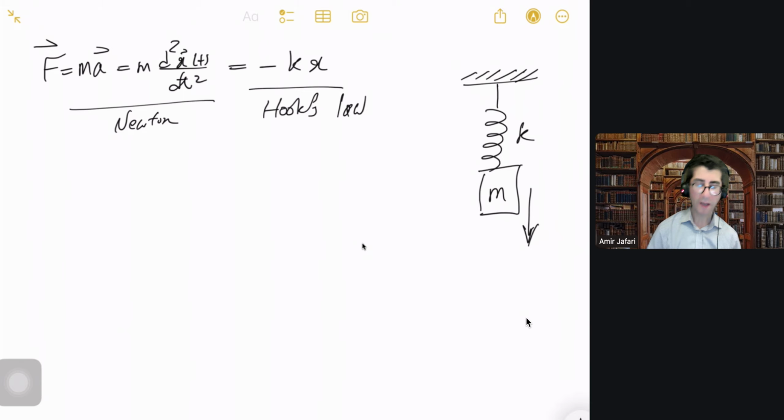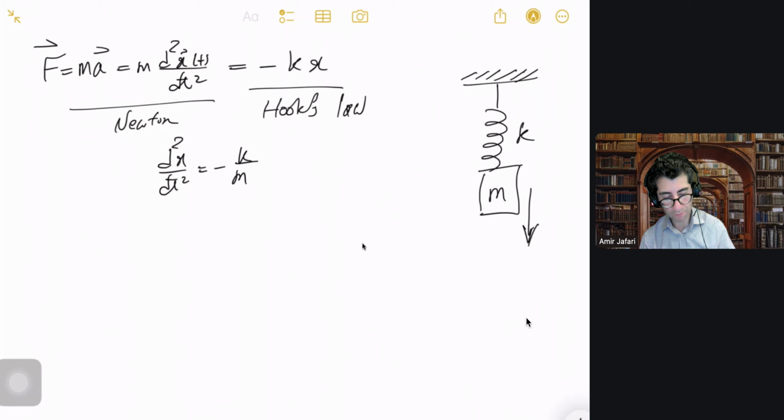Anyway, the Newton and Hooke combination gives us a differential equation, right? This is the differential equation you get combining these laws. And of course, mathematically, a differential equation is an equation which contains derivatives of a function, the function being the position here. This position x is a function of time.